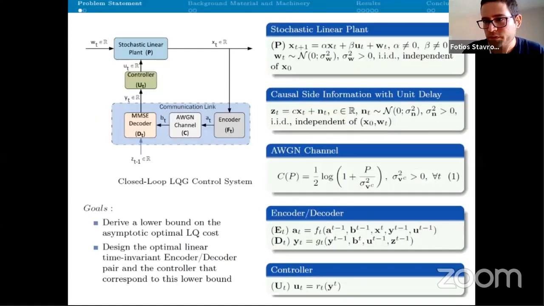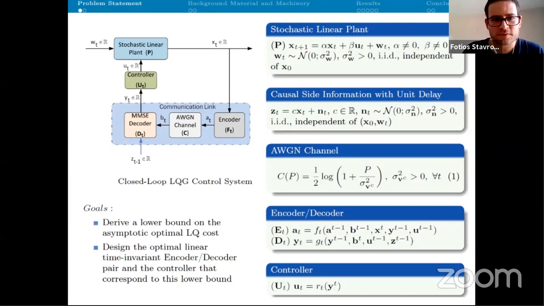In this slide, I give the problem statement. In particular, up left, we see a scalar-valued closed-loop control system, where a stochastic linear time-invariant plant driven by a Gaussian noise process and the controller intervene through a noisy communication link.